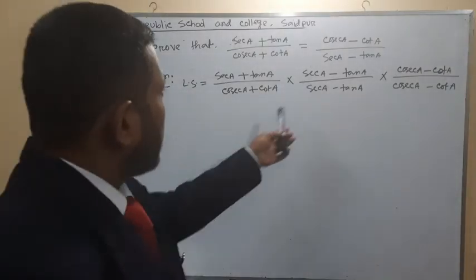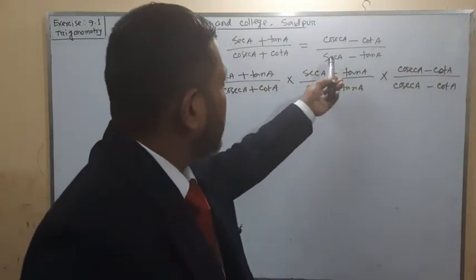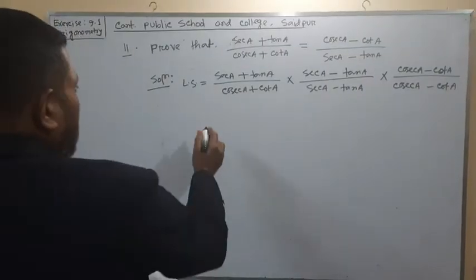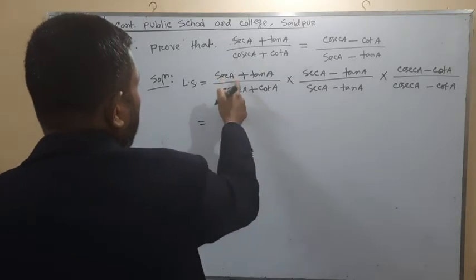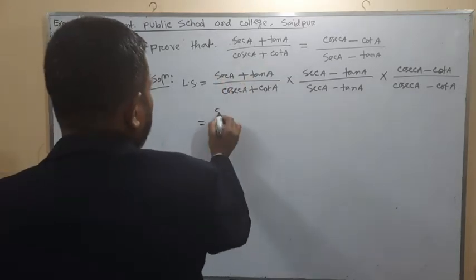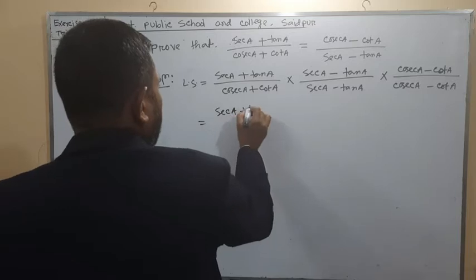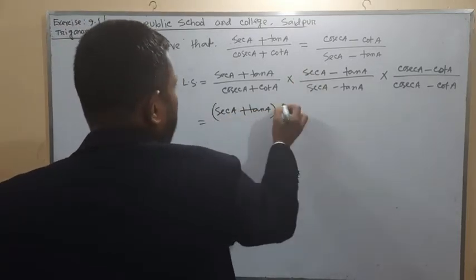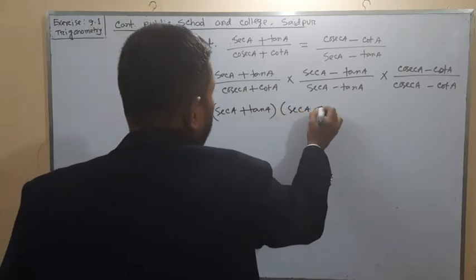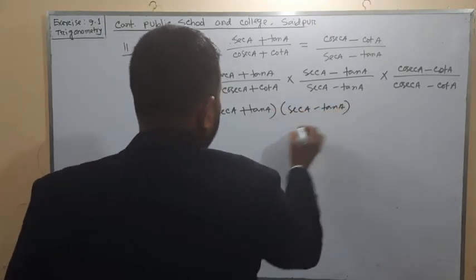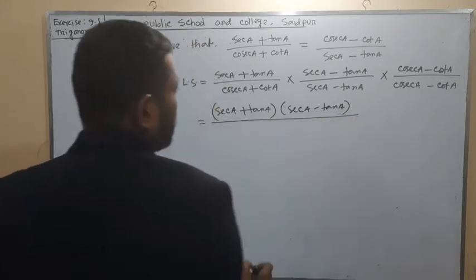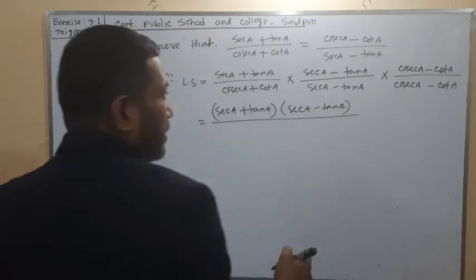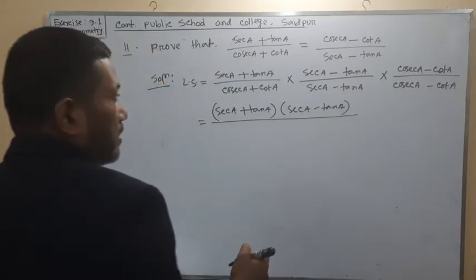If you have to prove cosec a minus cot a over sec a minus tan a, we can write this. Now here sec a plus tan a, if we write here sec a minus tan a, this will be unchanged.